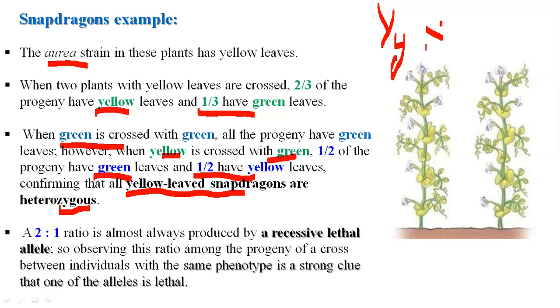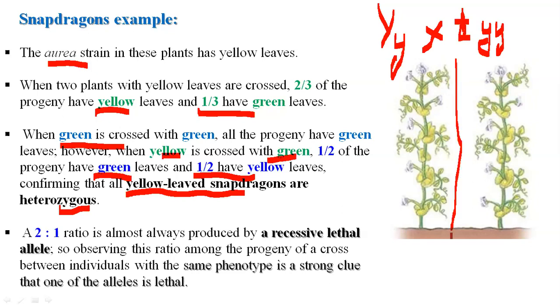And when it is test crossed, test cross means small y and small y, homozygous recessive. This is a test cross. So what will be the result?